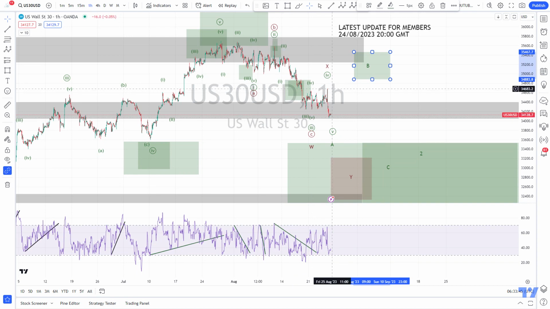Shallow wave X up, and then this here becomes our target, this wave Y area, which could then be the end of our wave 2 correction to the downside.